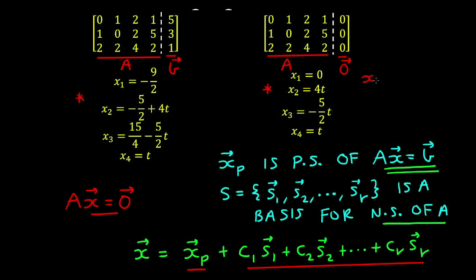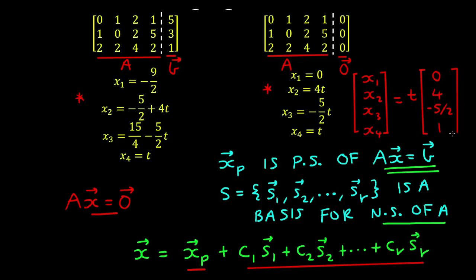And if you rewrite this in matrix form, so I have x1, x2, x3, x4 is equal to t being a real parameter multiplied by 0, 4, minus 5 on 2, and 1. So recall that this here is the basis vector for the null space of A. So here we can see that we have 0, 4t, minus 5 on 2t, and t.